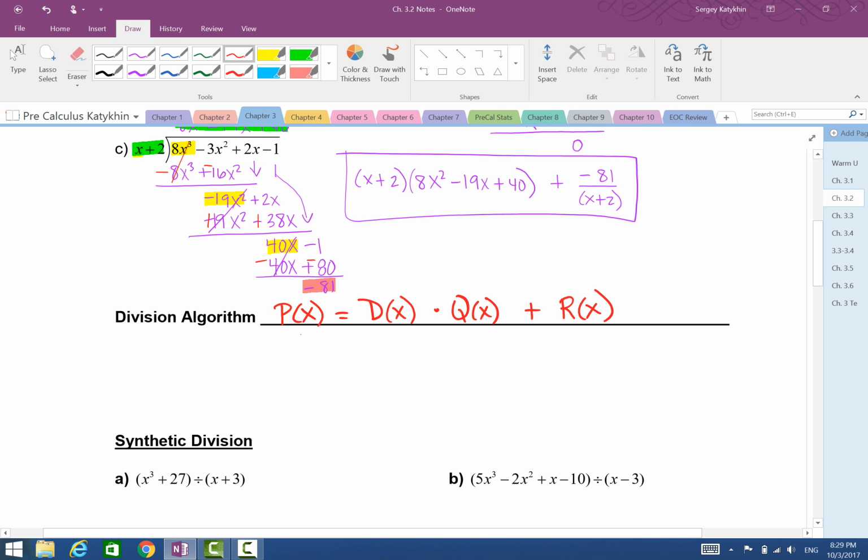Okay, so this is what we call the dividend. This is the divisor.